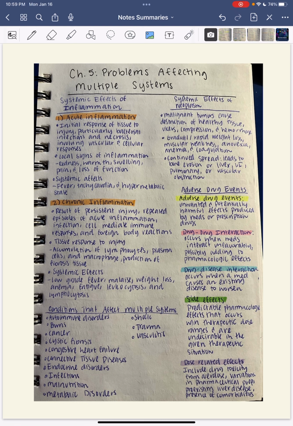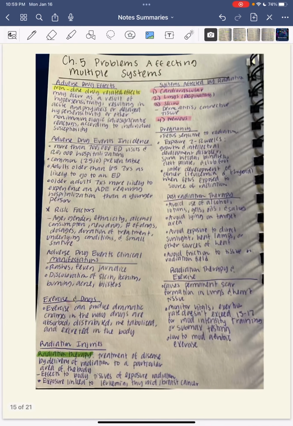Dose-related effects include drug toxicity from overdose, variations in pharmaceutical prescriptions, pre-existing liver disease, and presence of comorbidities. So the amount of dose that we take leads to different effects. For adverse drug effects, we also have non-dose drug-related effects.